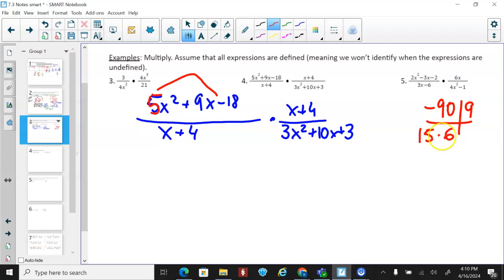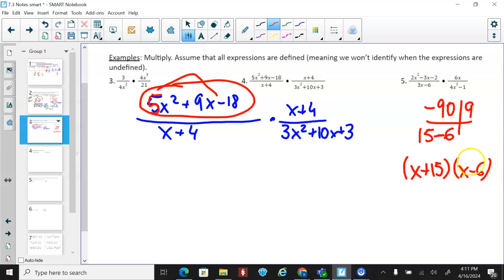And of course, 6 has to be negative for it to become 9, right? 15 minus 6 gives me 9. So instead of this, I just had 2 factors instead. But remember that it's x plus 15 and x minus 6. And because I have a leading coefficient right here, 5, I got to divide each of these factors by 5.